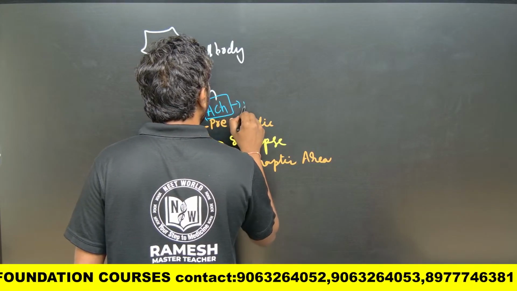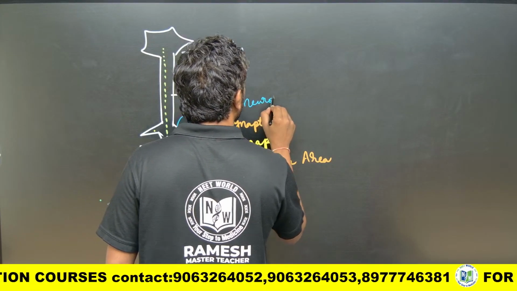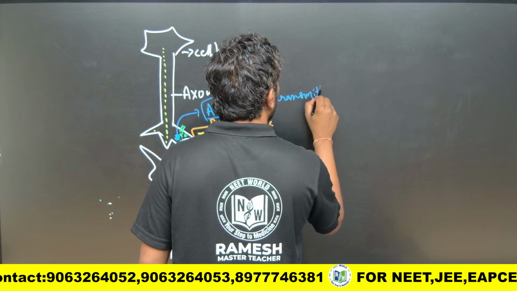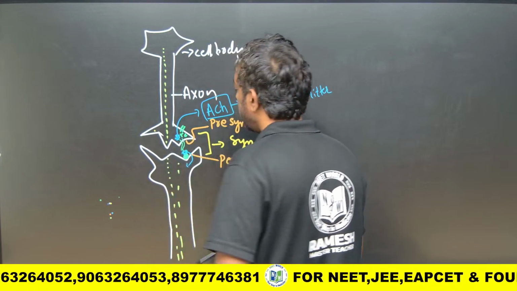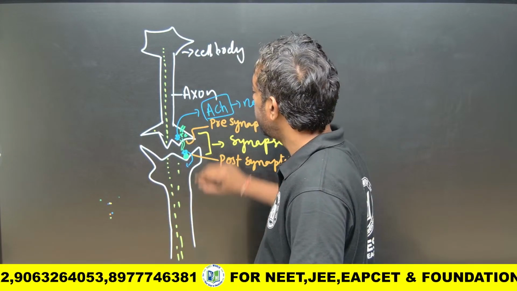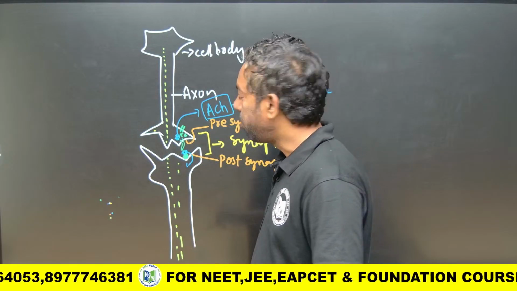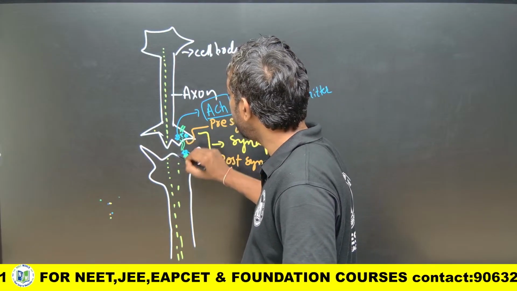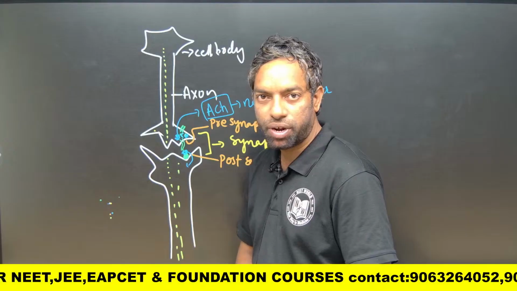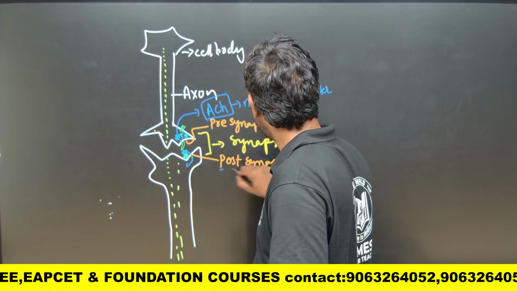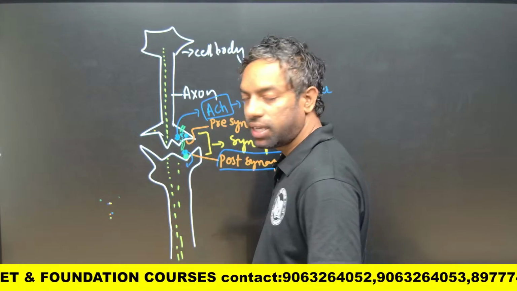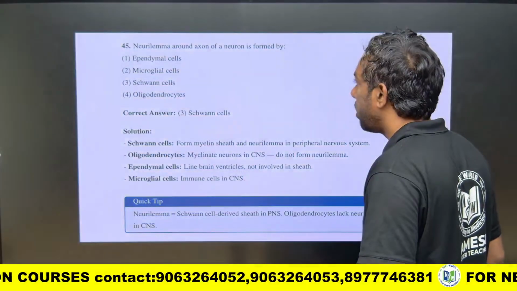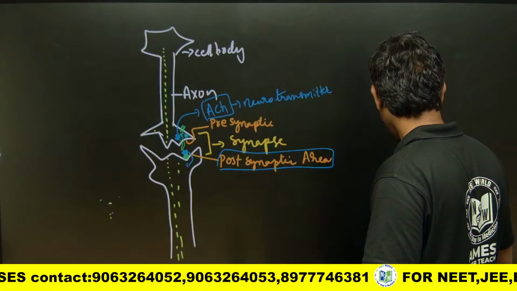The neurotransmitter in the presynaptic area is carried forward by the calcium ions, which push this chemical out to the next neuron's postsynaptic area, which is the receiver for this neurotransmitter. Okay, just a quick look here.